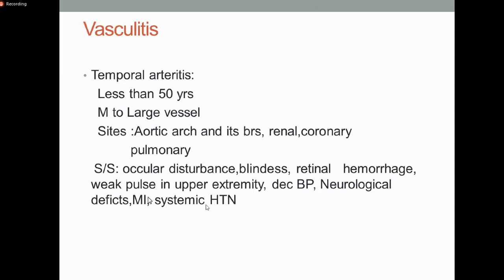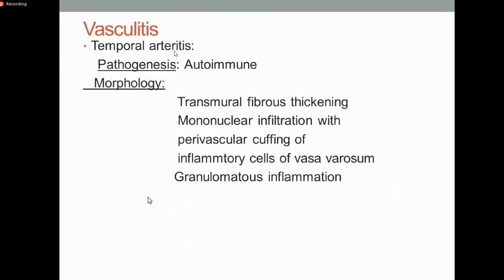Systemic hypertension can be the result of this vasculitis. Pathogenesis is autoimmune mediated vasculitis. What is the morphology?